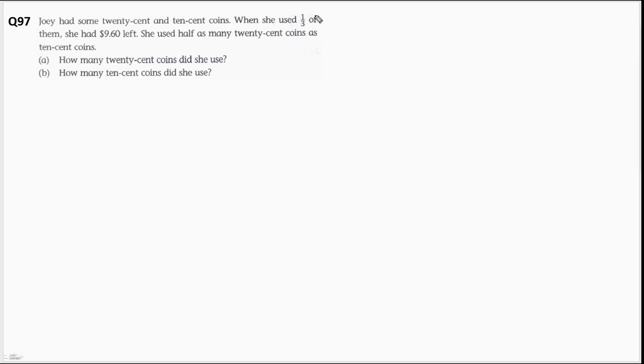Now it says when she used a third of these coins, she had $9.60 left, and she used half as many 20-cent coins as 10-cent coins. So if I do a model over here that's about the quantity of coins, not the value: this is the 20-cent coins, and this is the 10-cent coins.